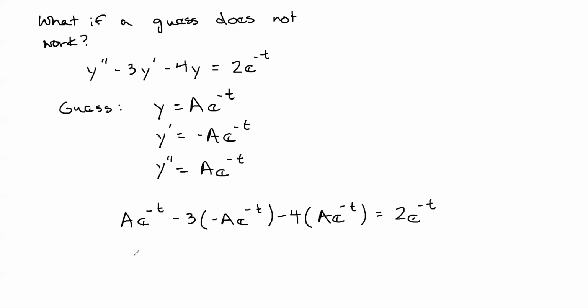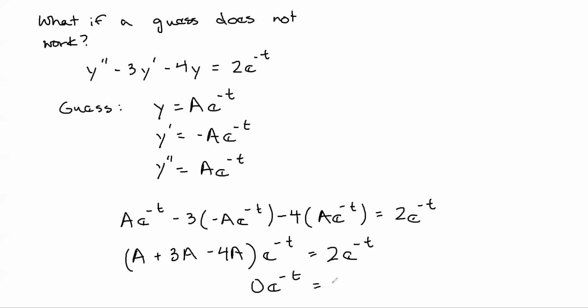I get a plus 3a minus 4a, all times e to the negative t, equals 2e to the negative t. Here I get 0 e to the negative t equals 2e to the negative t, and uh-oh, no solution.